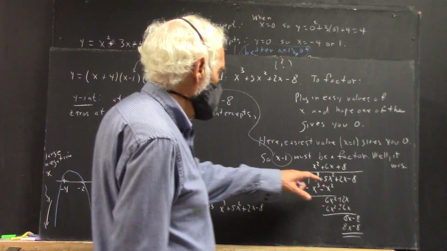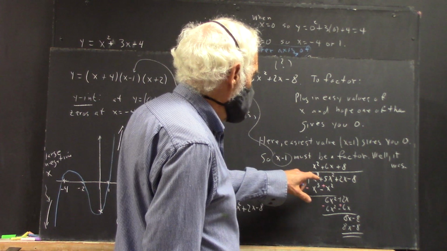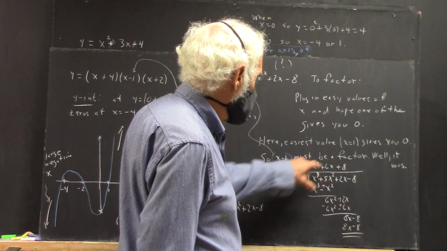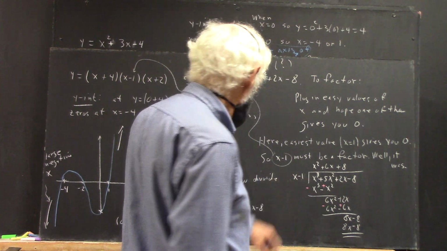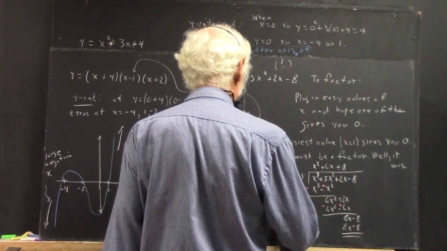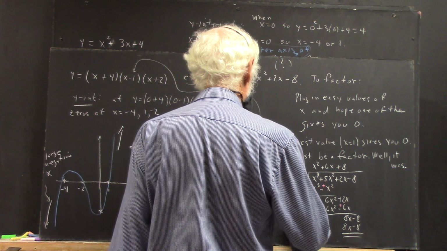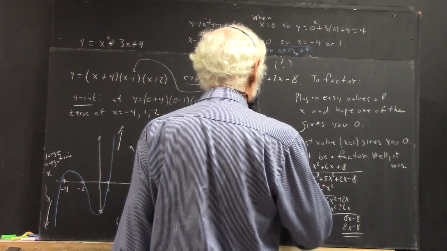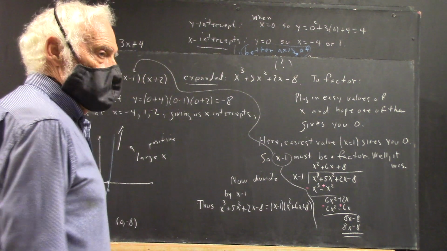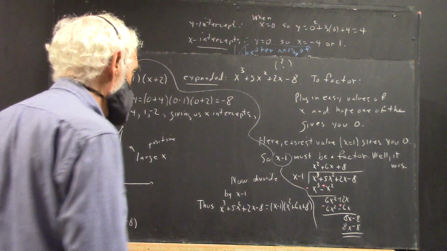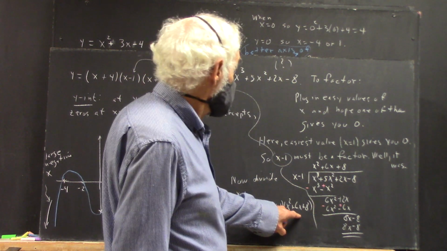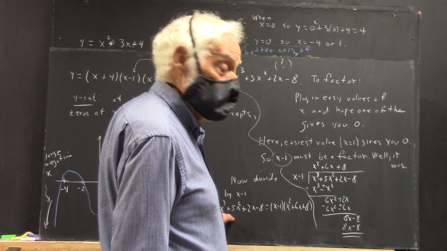Well, this divided into this gives you this, so this has to be this times this. And of course, we can multiply this easily enough to make sure we get back to this, to make sure we did it right.